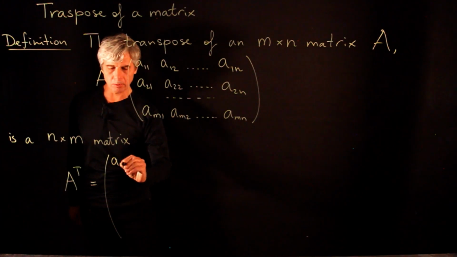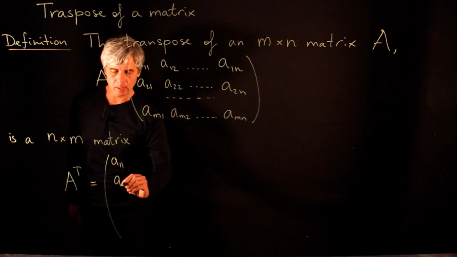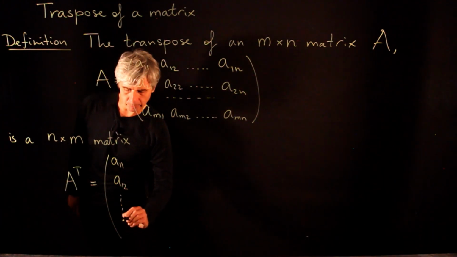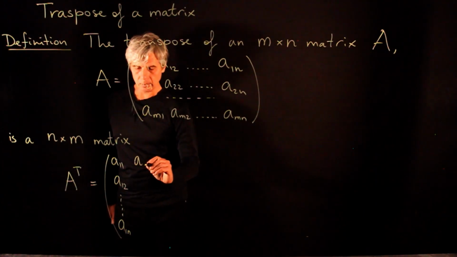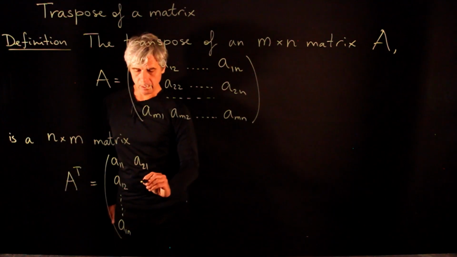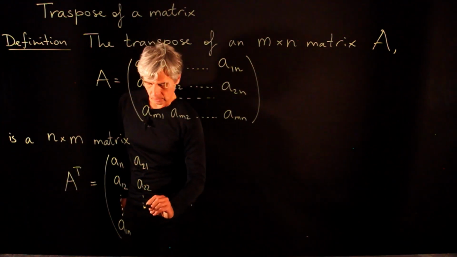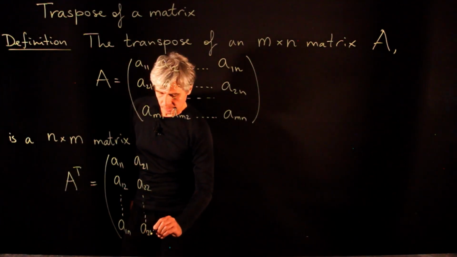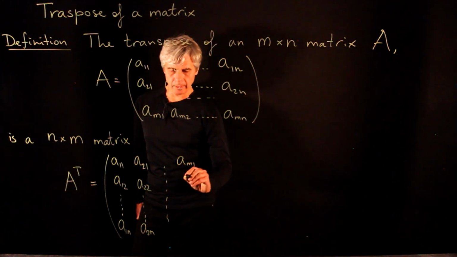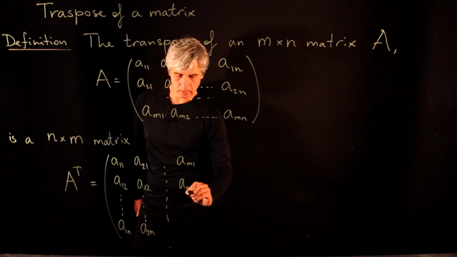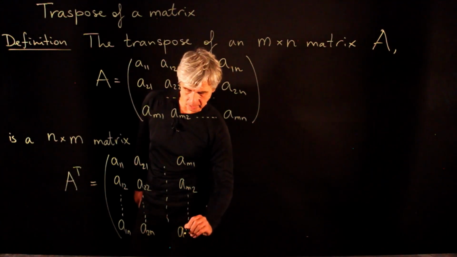So here we're going to write A11, A12 up to A1N, A21, A22 all the way up to A2N, and so on. AM1, AM2 all the way up to AMN.